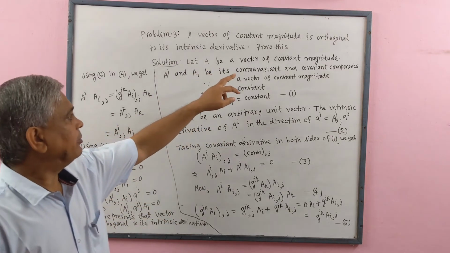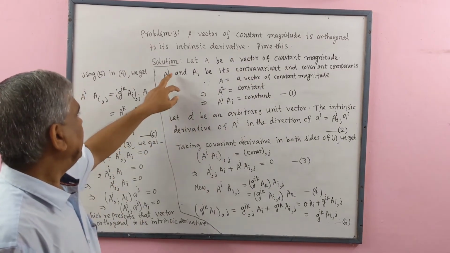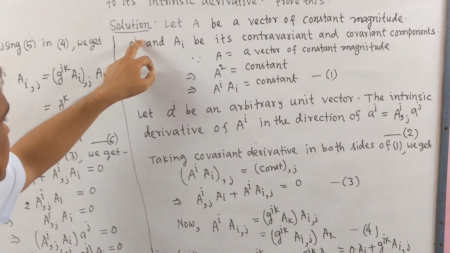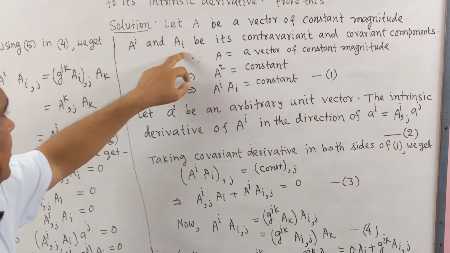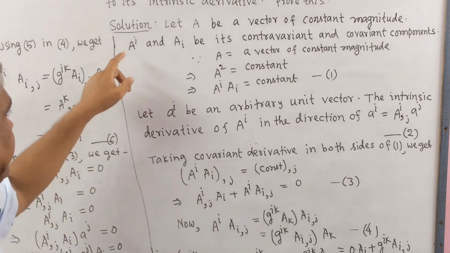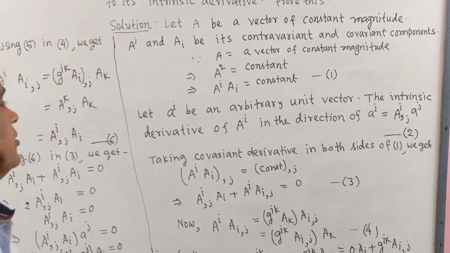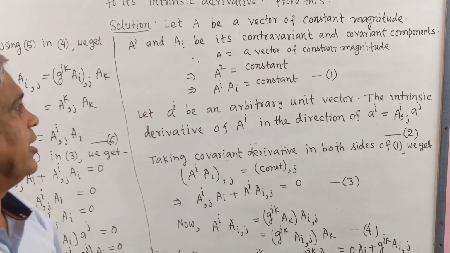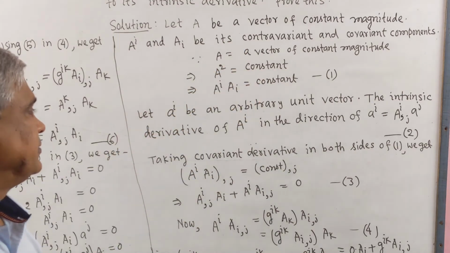Let A be a vector of constant magnitude, and let A^i, in the place of superscript, and A_i, in the place of subscript, be its contravariant and covariant components.